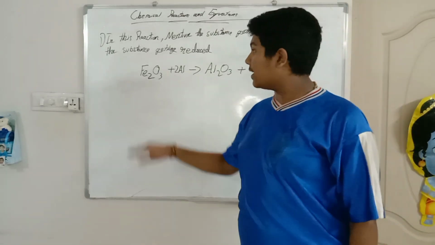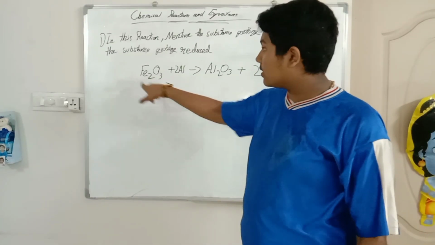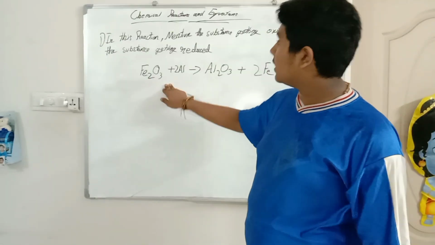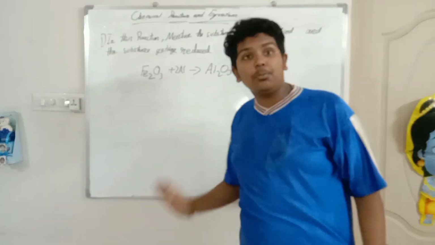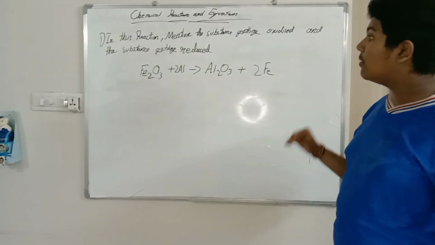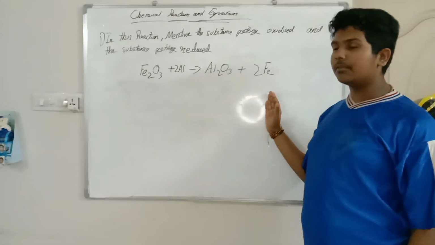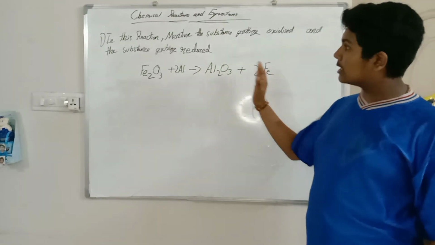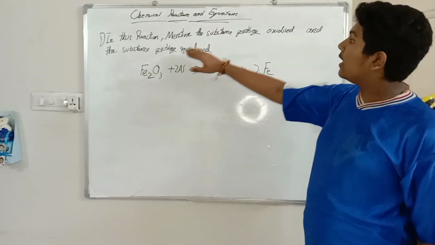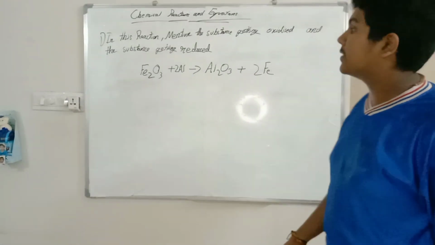They are showing that ferric oxide is reacting with aluminium, and what it gives is aluminium oxide plus iron. So it is displaced. So they are asking which is the substance getting oxidized.